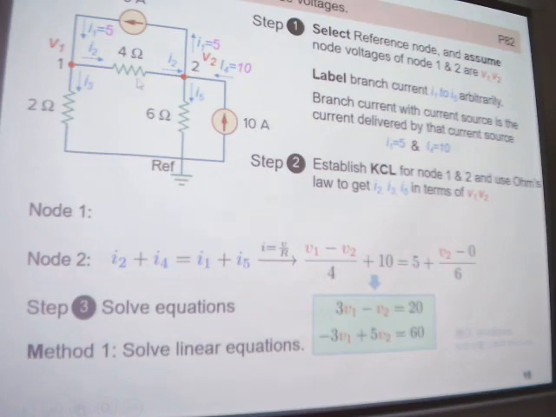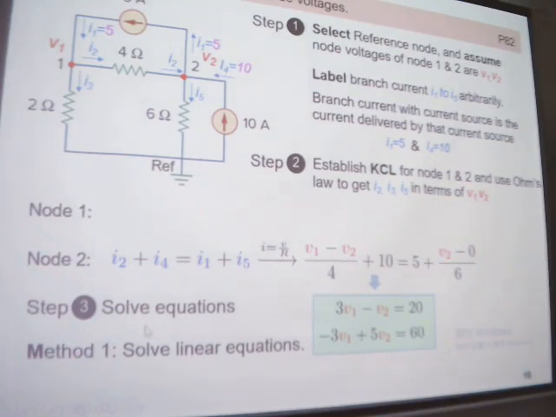And I4 is equal to 10, we already know. And I1 equals 5 here. And I5 is equal to (V2 minus V reference) over the resistance 6, where V reference we know is 0. And the next step, we rewrite this equation like this because this form is clearer for getting into the matrix form, right?